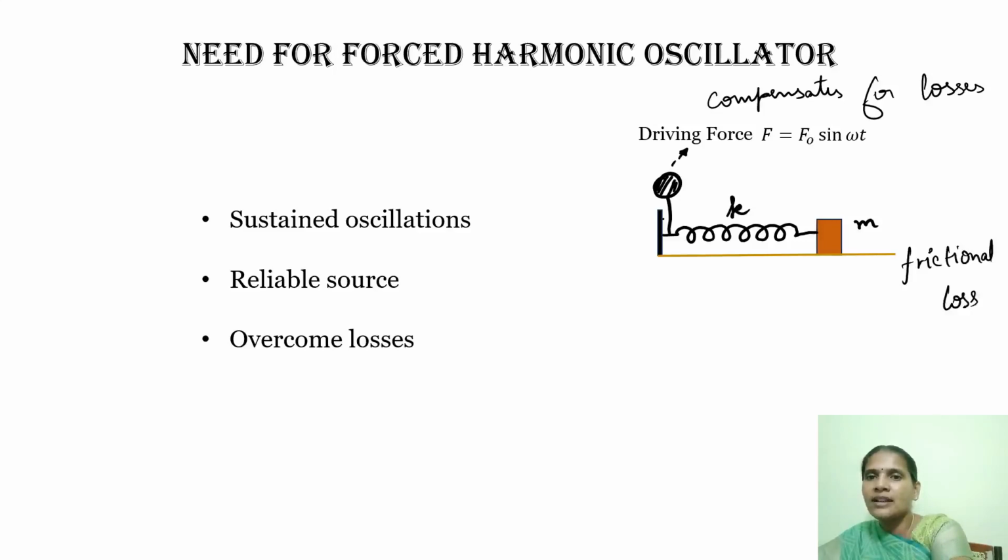Whatever be the loss, the driving force tries to compensate for the losses. Hence, it can ensure sustained oscillation. It is a reliable source for oscillation and it overcomes losses. These three advantages force us to make use of forced harmonic oscillator.